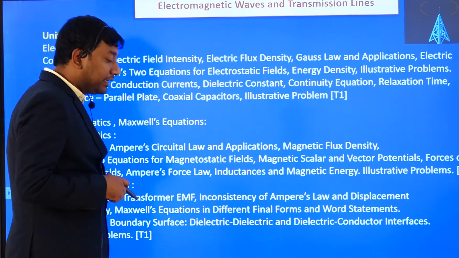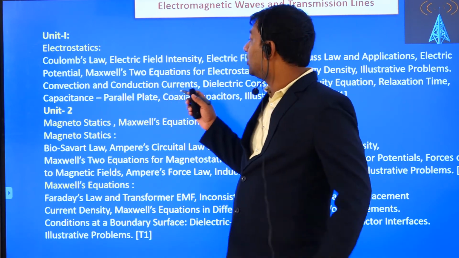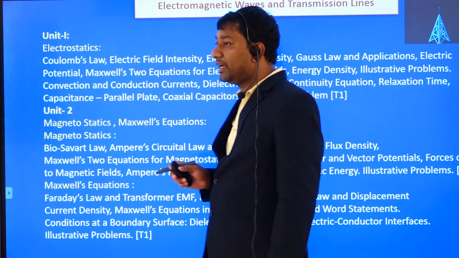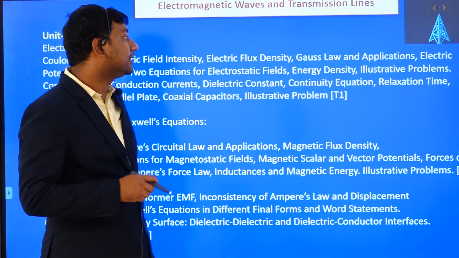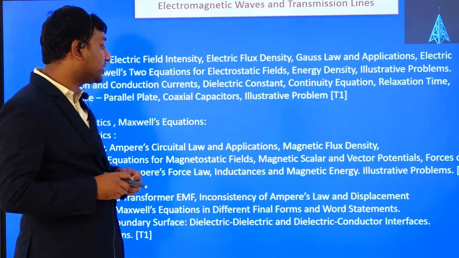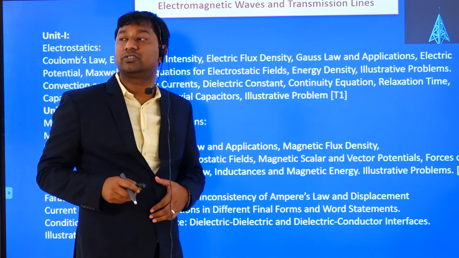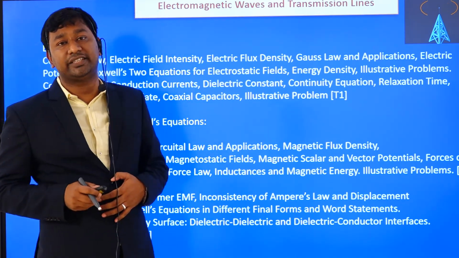Now the syllabus consists of, first, electrostatics. We'll cover Coulomb's law, electric field intensity, electric flux density, energy density, dielectric constant, and the continuity equation. Then the next unit will cover different laws, which come under Maxwell equations and others.